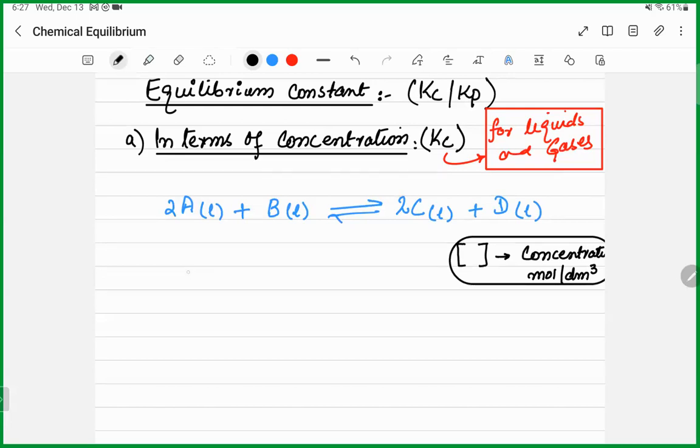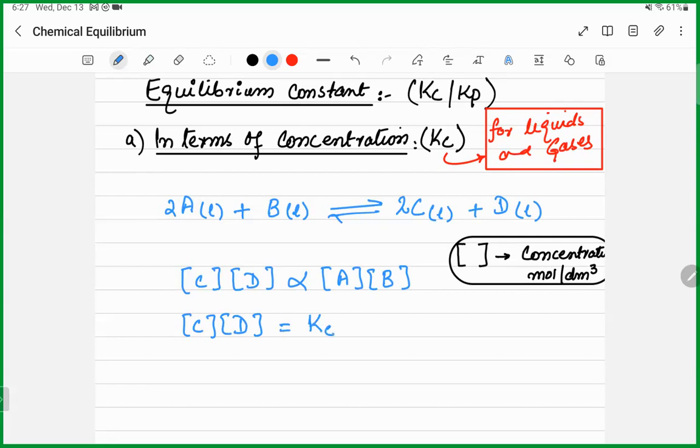Okay, can I say that the concentration of products is directly proportional to the concentration of reactant? The more reactants you have, the more product. If I remove this directly proportional sign, I have to place some sort of a constant. So I put equals with a constant, and this constant is basically called Kc.